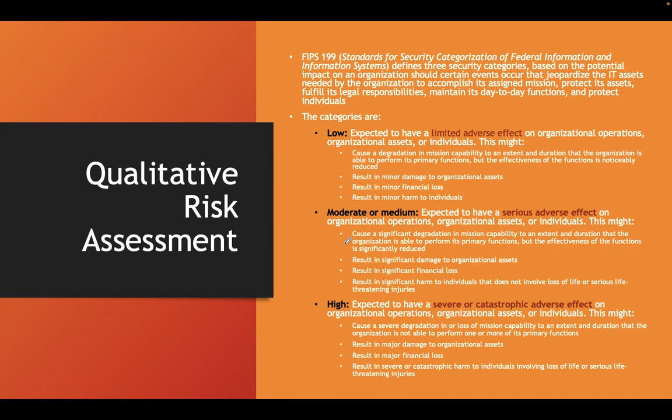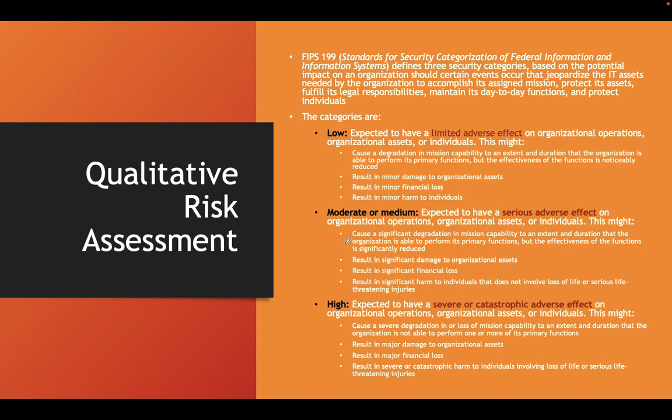These categories first of all address the potential impact on the organization, and also ensure that there is no jeopardy to the IT assets needed by the organization to accomplish its assigned mission, protect its assets, and all of these things.